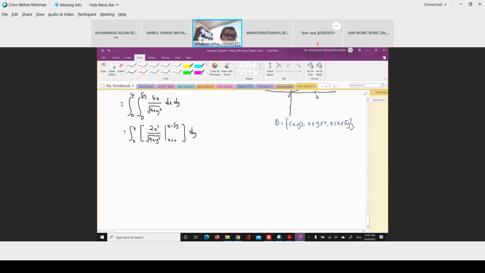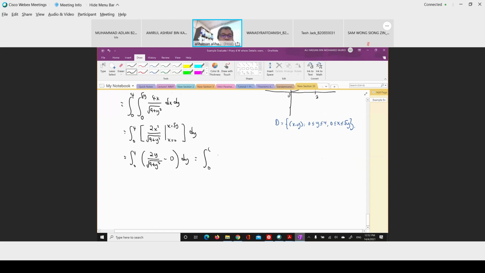Then we do the substitution. This won't take long actually. When x is equal to square root y, we will get 2y, right? When x is square root y, x squared is y. When x is 0, it is 0.